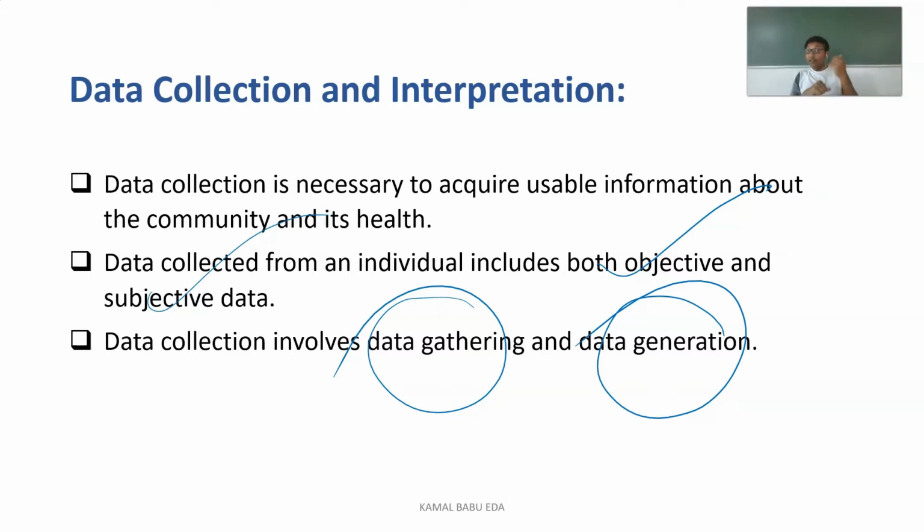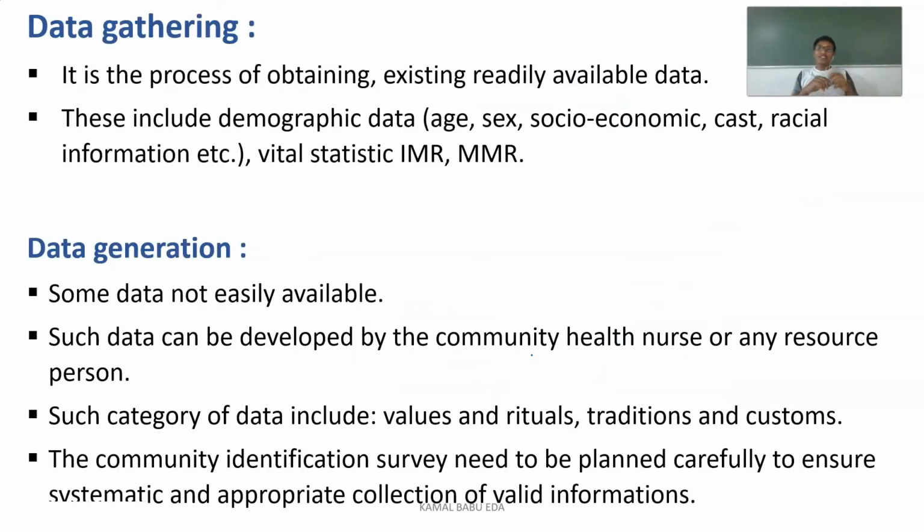How many types does it involve? As I said, two types: data gathering and data generation. What does data gathering mean? We are gathering data which was already collected and already exists with the community.